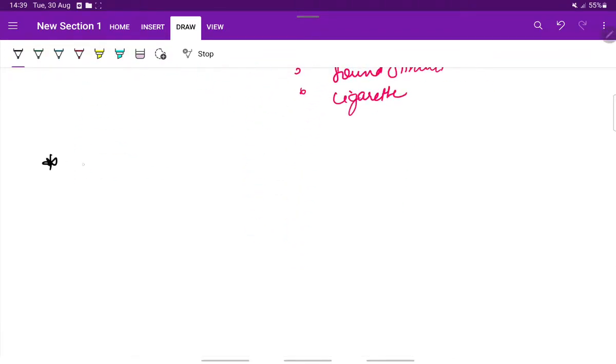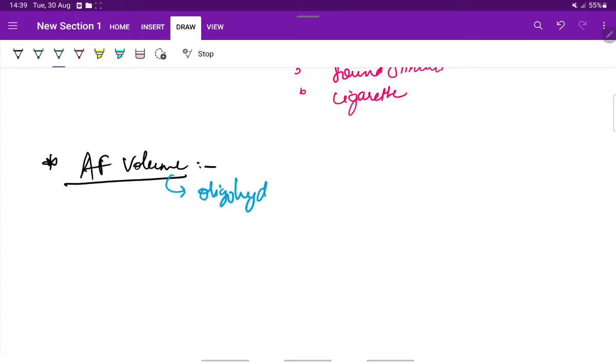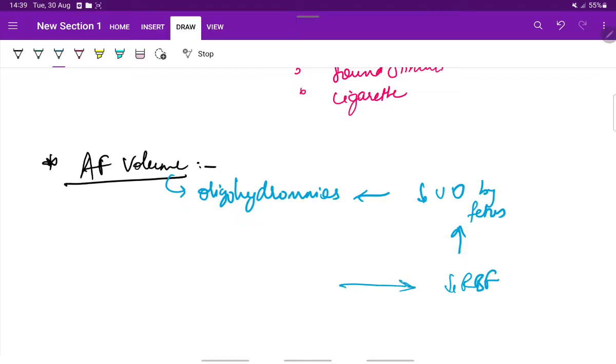Next will be the amniotic fluid volume. There will be decreased amniotic fluid volume, that is referred to as oligohydramnios, when there is decreased urine output by the fetus, which is in turn seen when there is decreased renal blood flow to the fetus, which is in turn seen due to decreased uteroplacental perfusion.